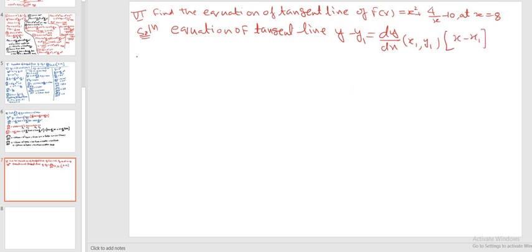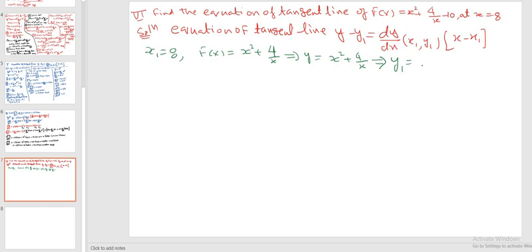First of all, I need to check what is given. x1 is given here, 8, but y1 is not given. But this is an f(x) function, so we can write y equal to x² plus 4 divided by x. What you have to do is just replace x equal to 8 here. Whatever value you get is called y1.